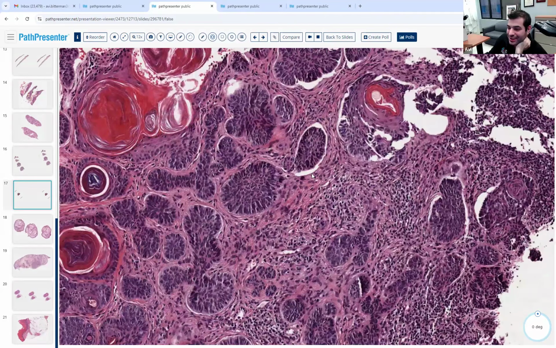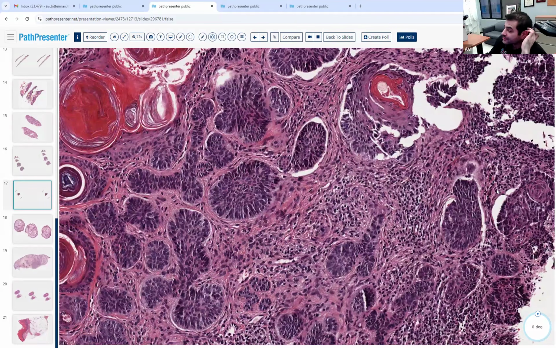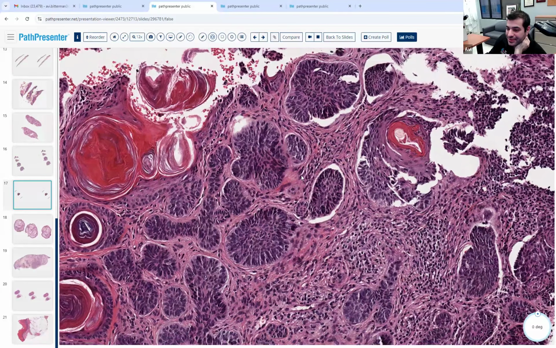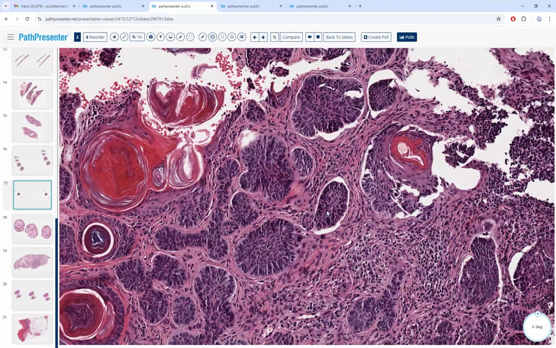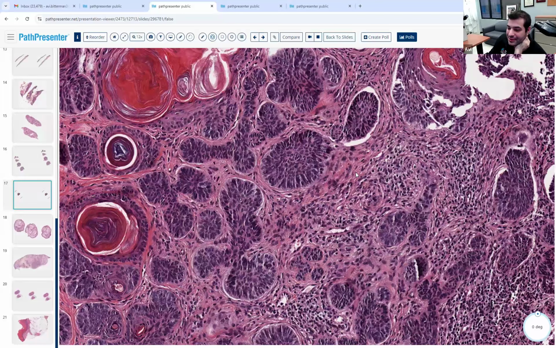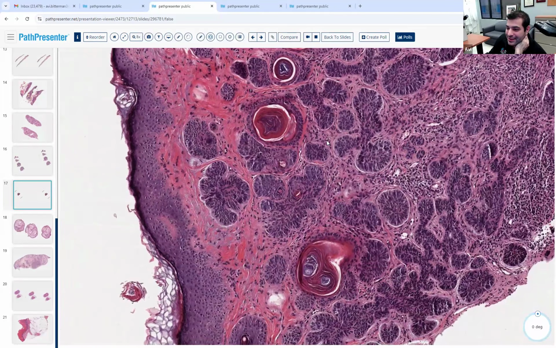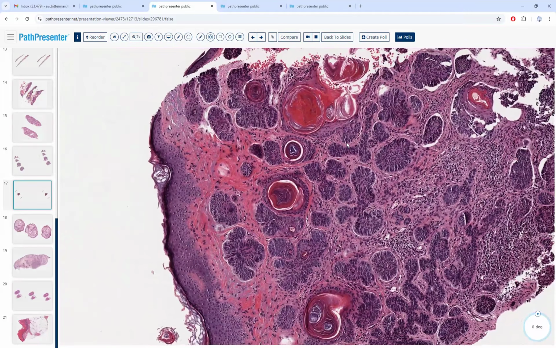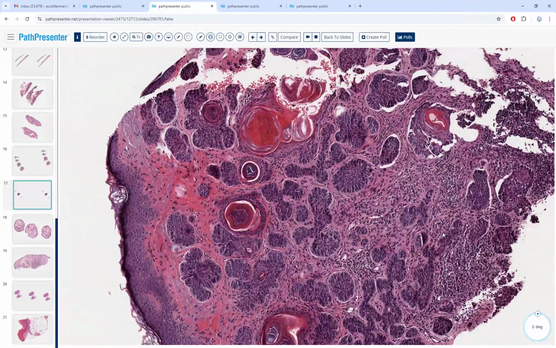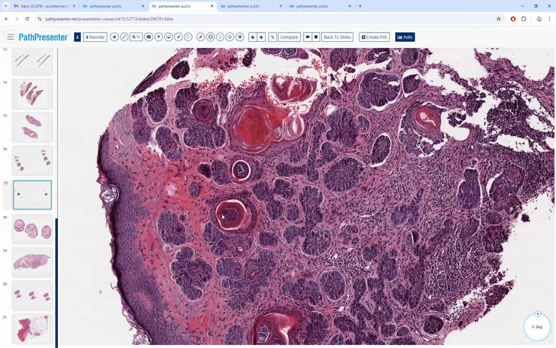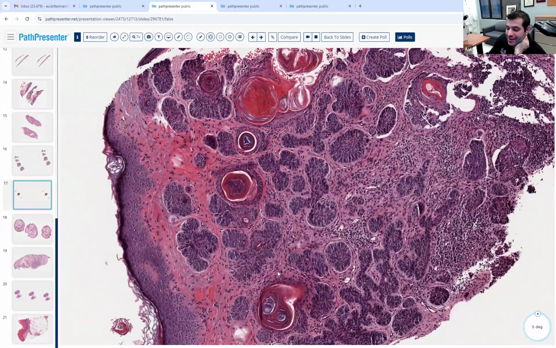Okay, so there's retraction, and what kind of retraction is there? Tumor stroma retraction. Is it palisading? Mm-hmm. Keratinizing? Yep. There's some keratin pearls, or would these be more like horn cysts, I guess? Yeah, they're horn cysts, they're areas of keratinization.